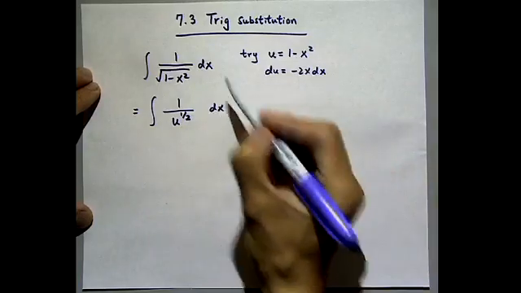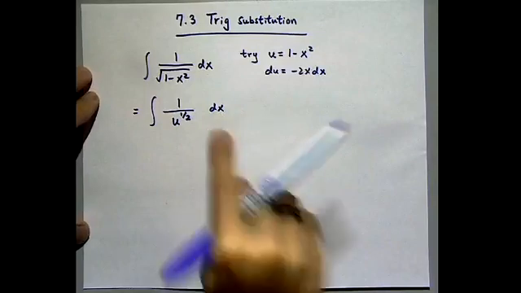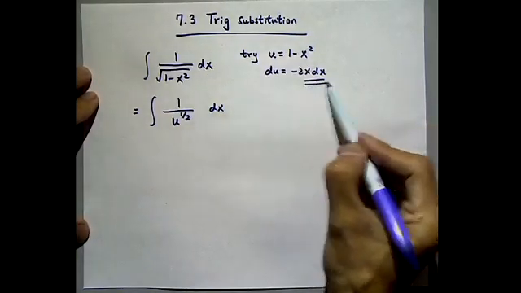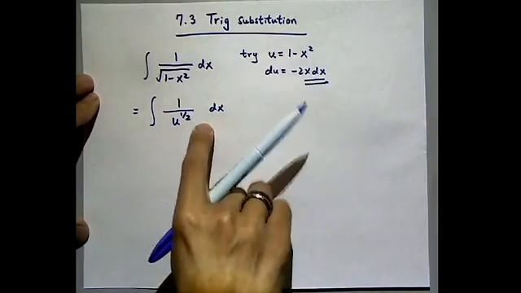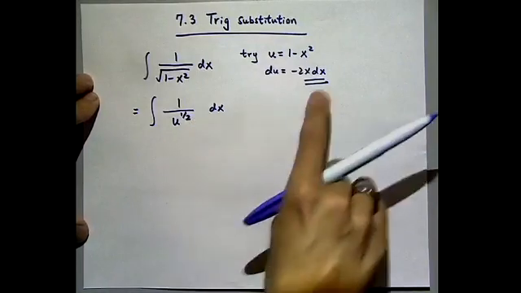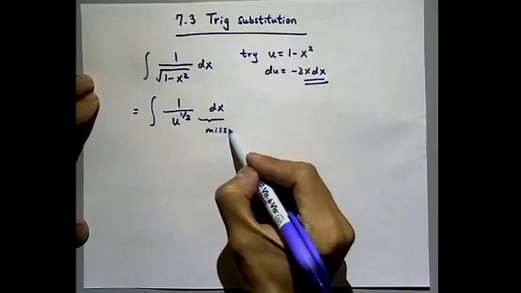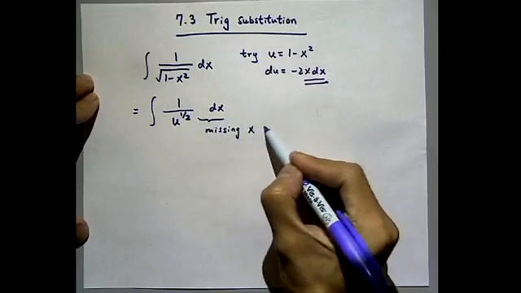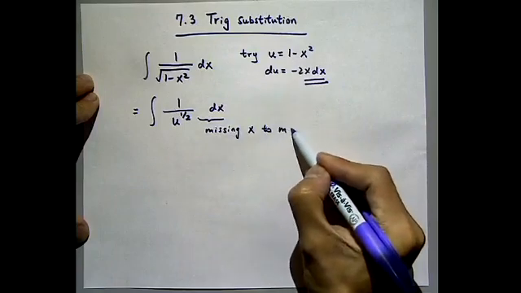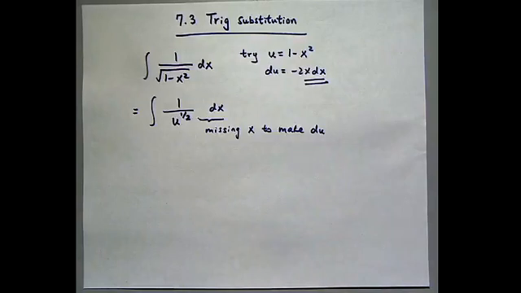But then we run into a very big problem here with dx. I need x dx to form du, but I'm missing that x here. I can't find that x anywhere to make a du. That means I cannot use that method here to integrate that.